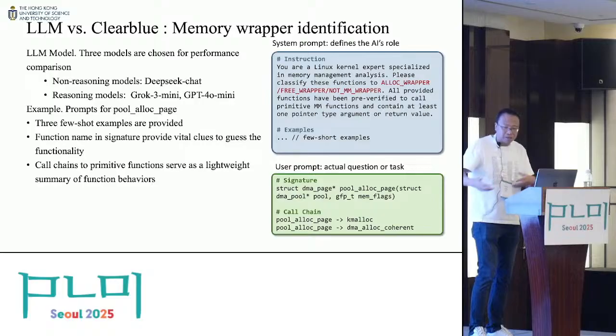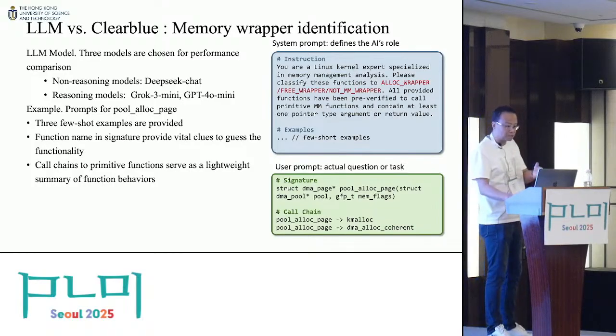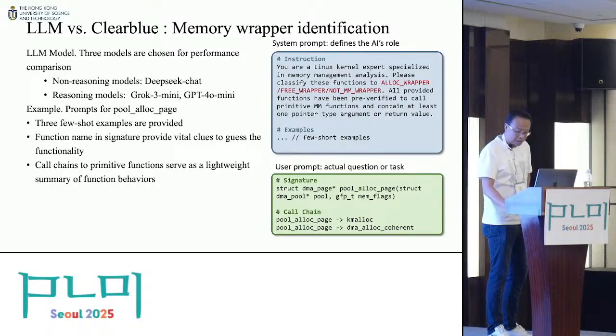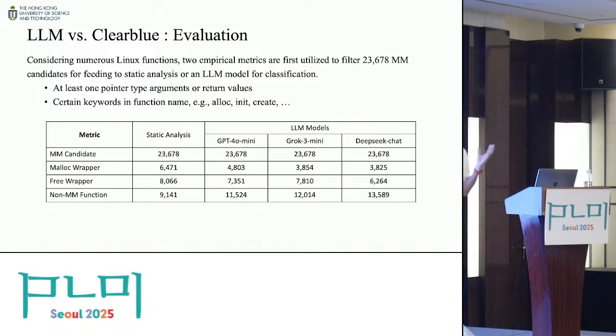Some details about how we do it. We picked some of the newer models as well. Some details about the prompts that we use. The result is very interesting. So we first prepared the benchmark of about 20,000 candidates. These are random candidates.